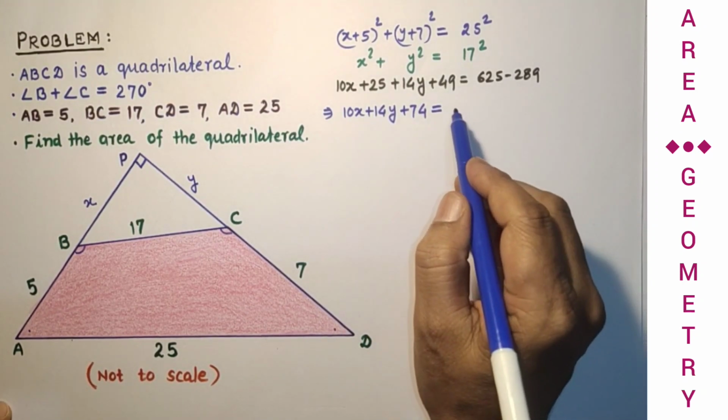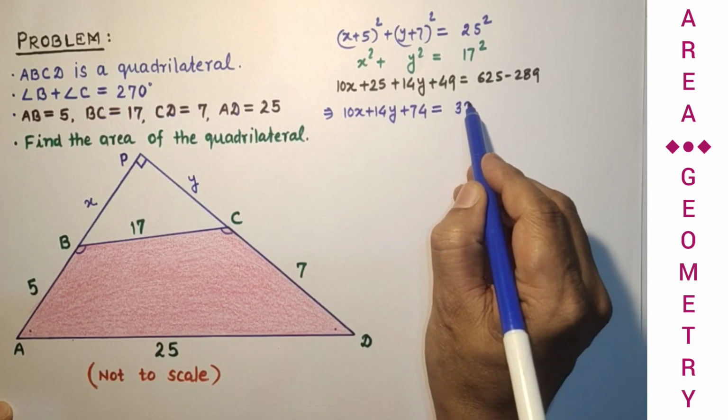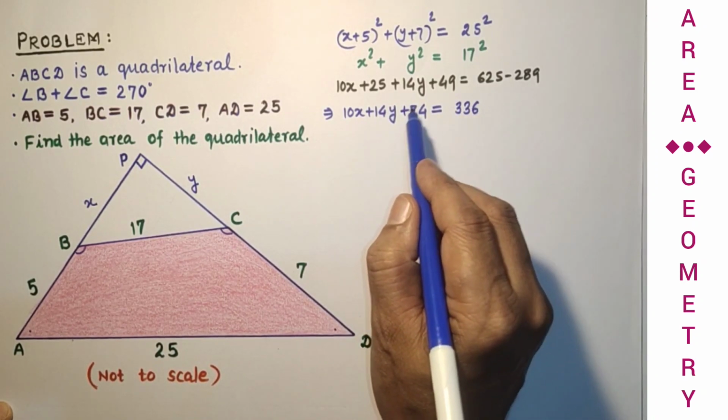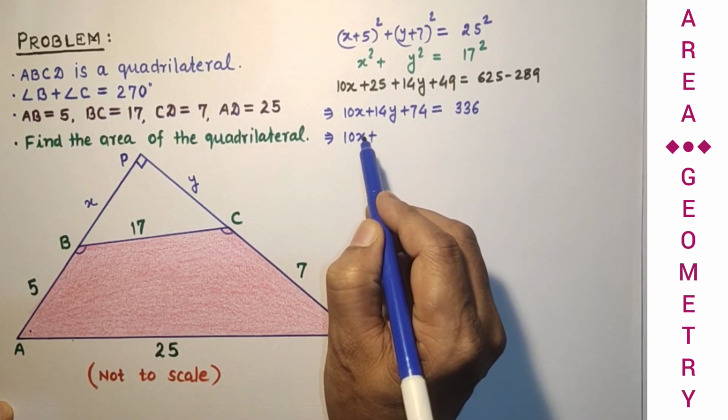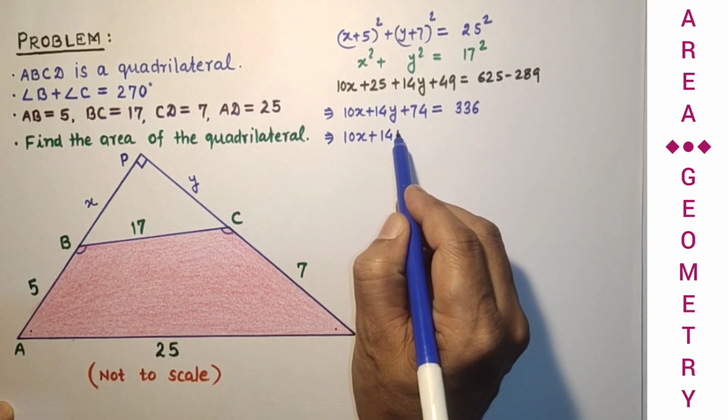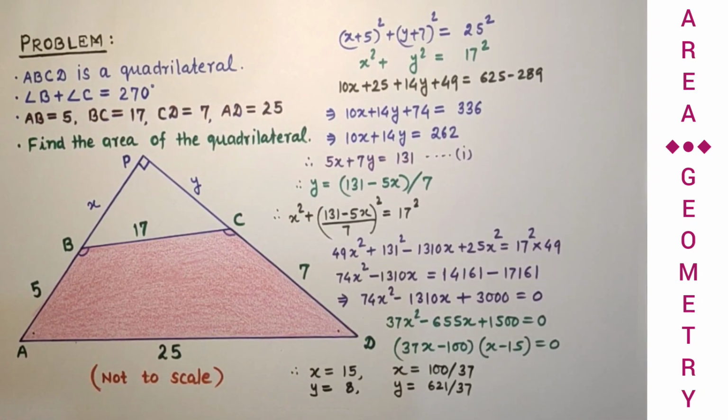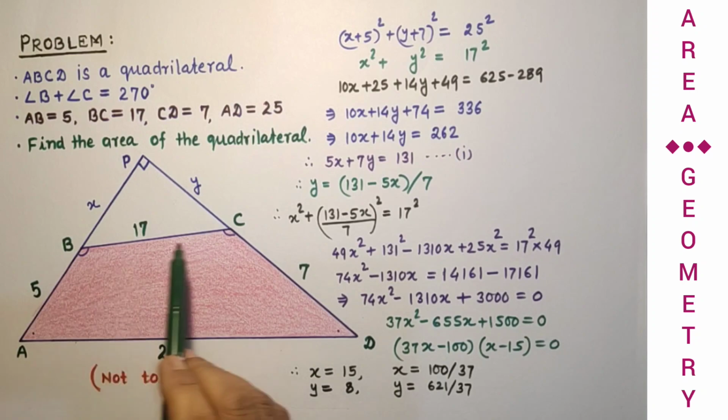After subtraction we will get 10x plus 14y is equal to 262.